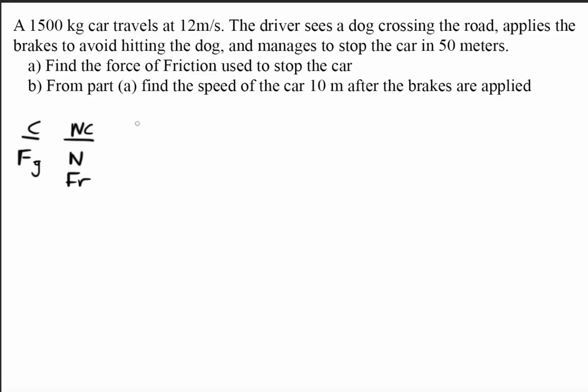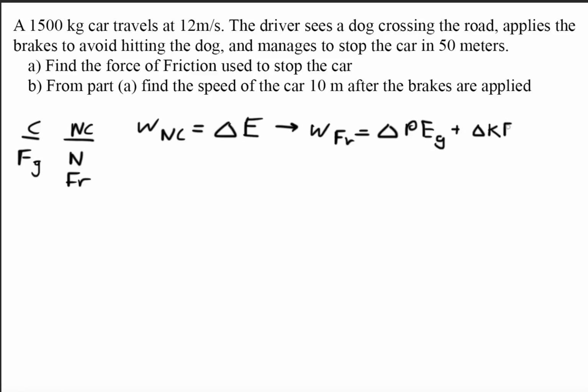And here's what this looks like. The work done by non-conservative forces is equal to delta E, and this is equal to the work done by friction in this case, which is equal to the change in potential energy plus the change in kinetic energy.